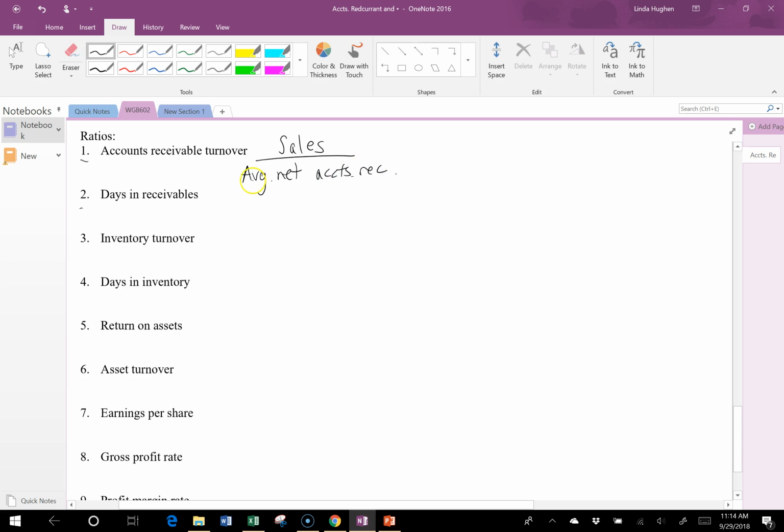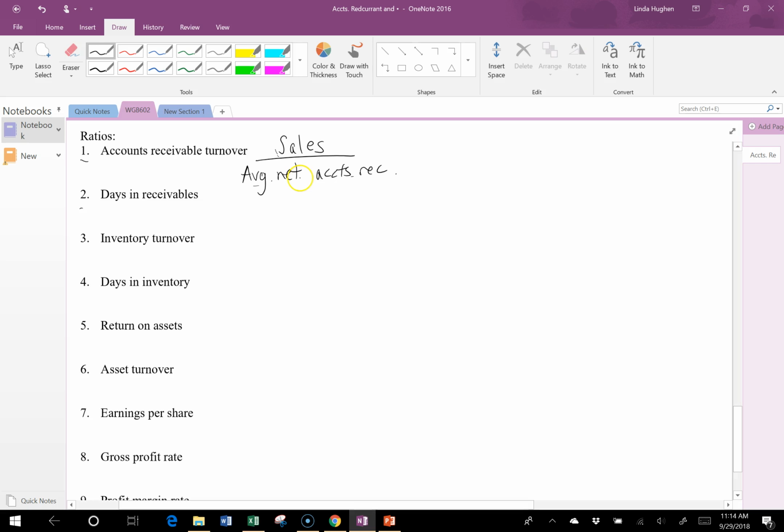Now you might be wondering why we have this average here. Well, sales is an income statement item which covers a period of time. So when we're looking at our ratios, we're going to use one year for the company. So this most recent year of sales relates to, well, the denominator is a balance sheet item. Remember, balance sheet items are at one point in time.